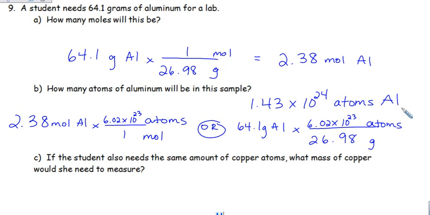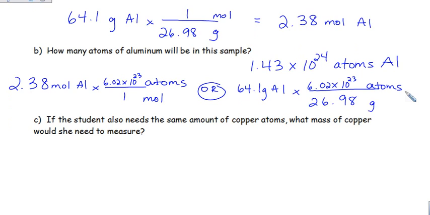The student needs the same amount of copper atoms. Again, maybe they react at a 1-to-1 ratio of atoms, not necessarily grams. Remember balancing equations, and you have to balance the number of atoms on both sides? That's where this comes into play. What mass of copper should we measure?